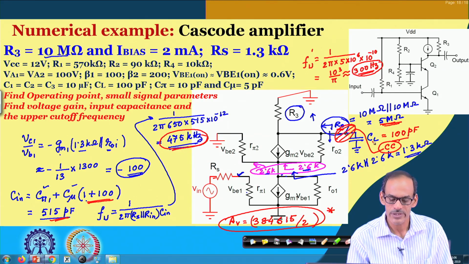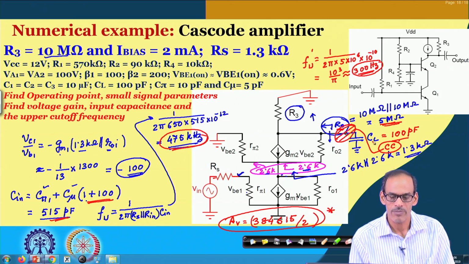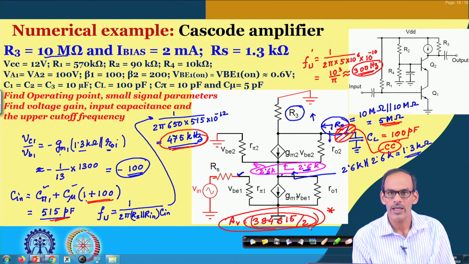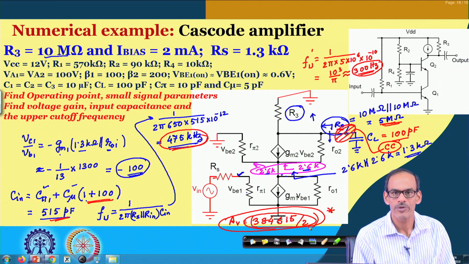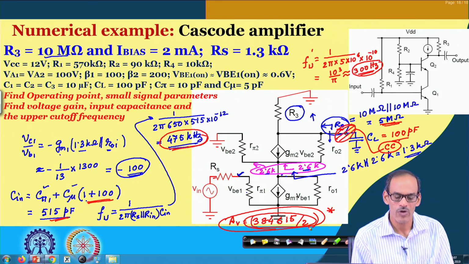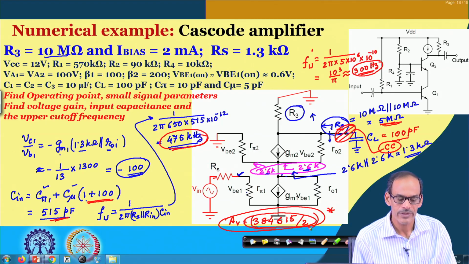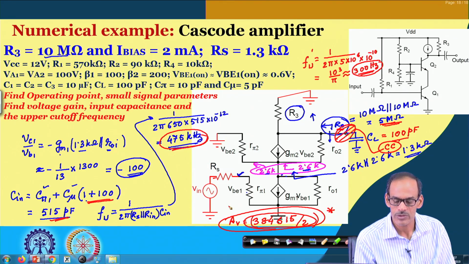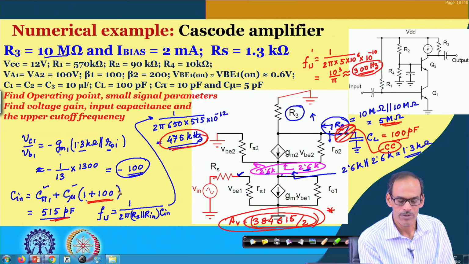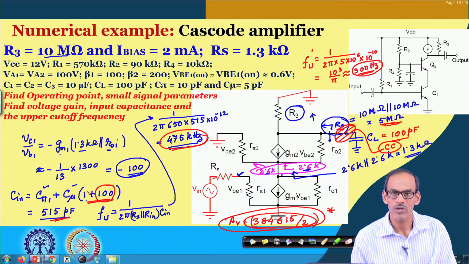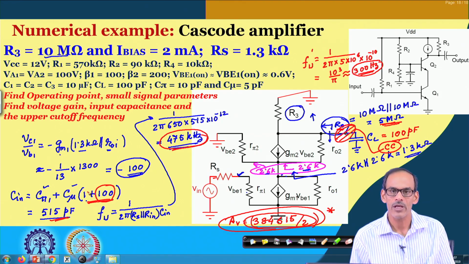We need to put the CC stage, but it is important to note that the cascode amplifier has two important capabilities. It can increase the gain, maybe to the square of what we obtain there, almost the square. Also, in case you are not looking for high gain, it can decrease the input capacitance, keeping the Miller factor small, and hence it can be considered a candidate to extend the bandwidth.